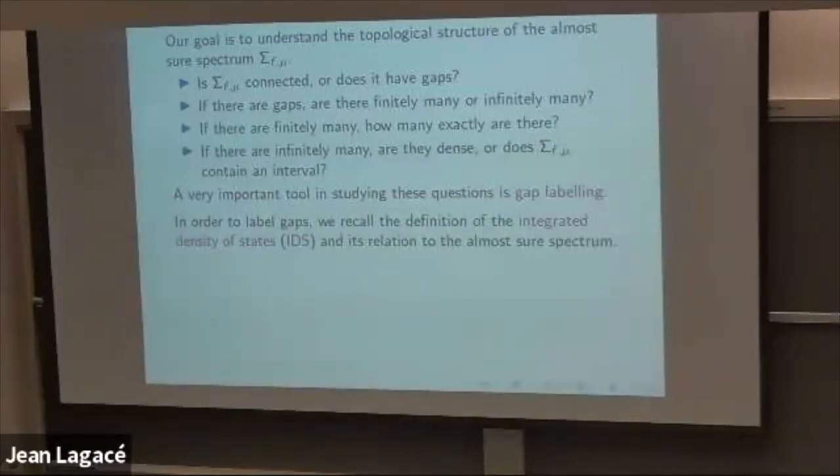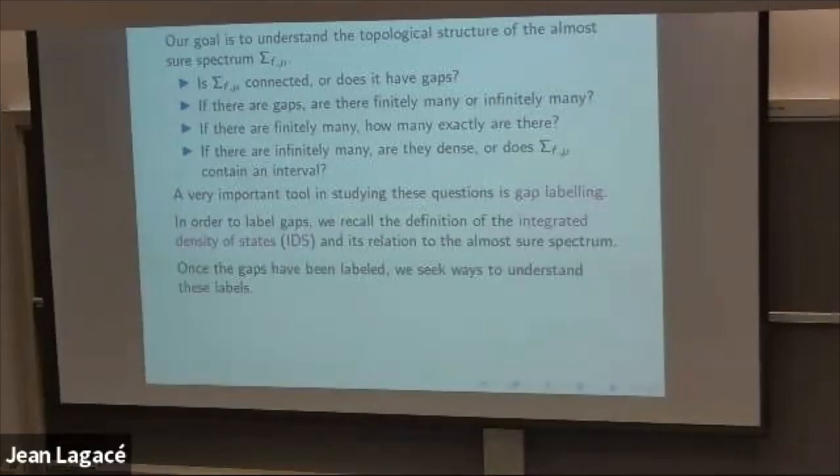You want to attach labels. As in your question, the labels are of the form K alpha, really. That will be the label, but where does it come from? The first step in showing that there is a natural way to label the gaps is to introduce or recall the concept of the integrated density of states. I'm sure you've seen that before. I will recall it.